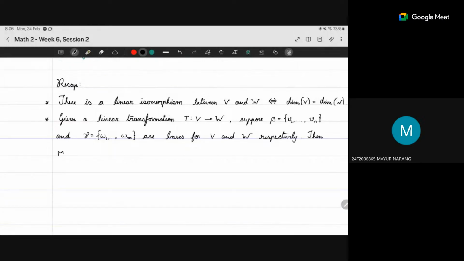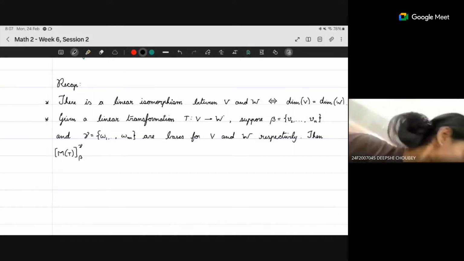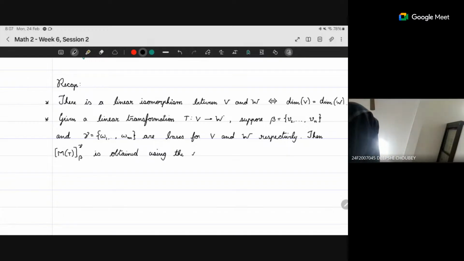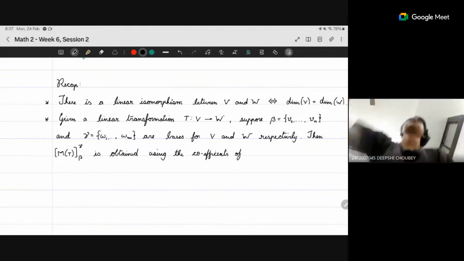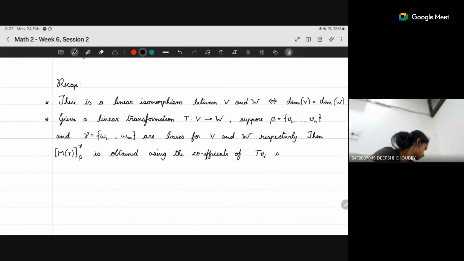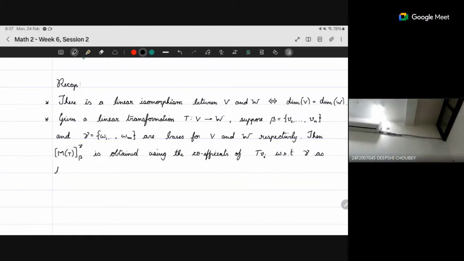Then the matrix of T with respect to the basis beta and gamma, this is one of the notations for this matrix, is obtained using the coefficients of T of Vi with respect to gamma as the ith column.